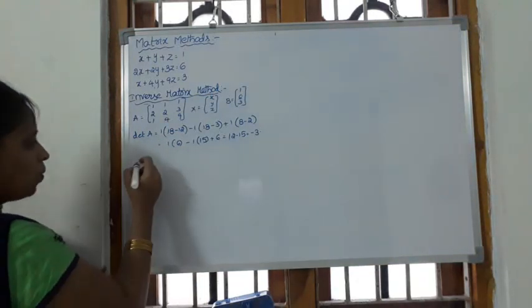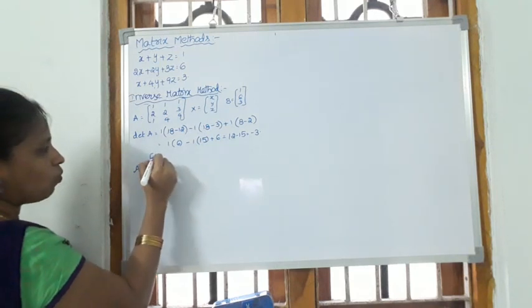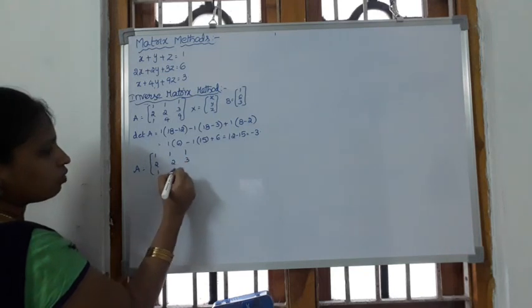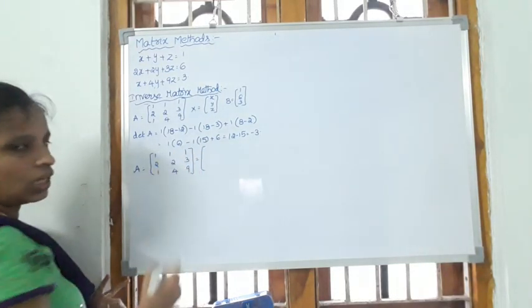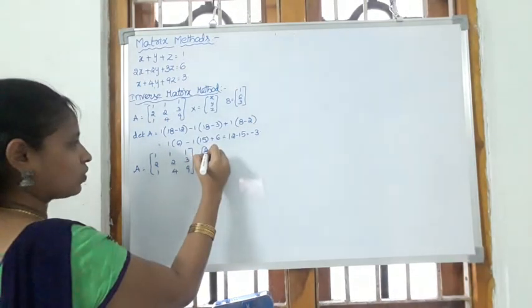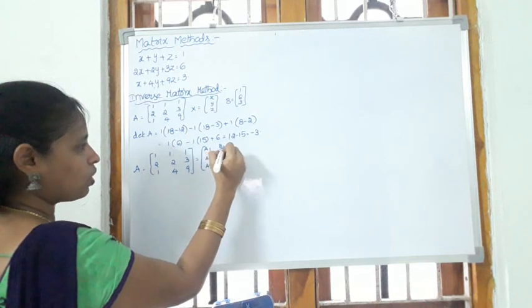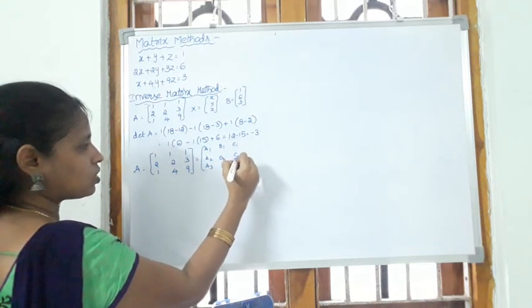Now the matrix A is equal to 1 1 1, 2 2 3, 1 4 9. It is in the form of A1 A2 A3, B1 B2 B3, C1 C2 C3.